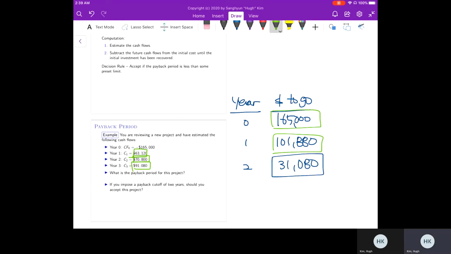So if we compare these two numbers, then we will get 0.34.